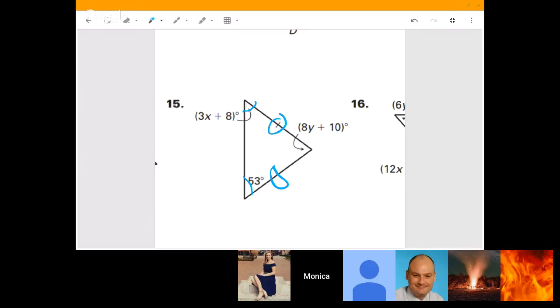So it will be 180 minus 53 minus 53 equals the 8y plus 10, right? Because both of those other angles equal 53. So that would be how you would solve that one, okay?